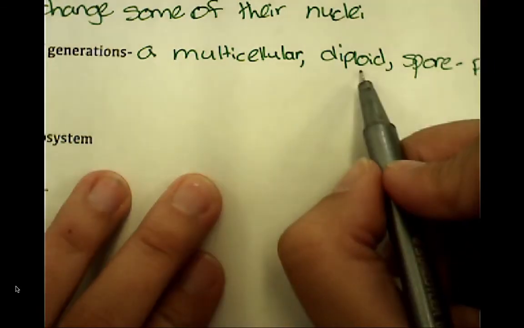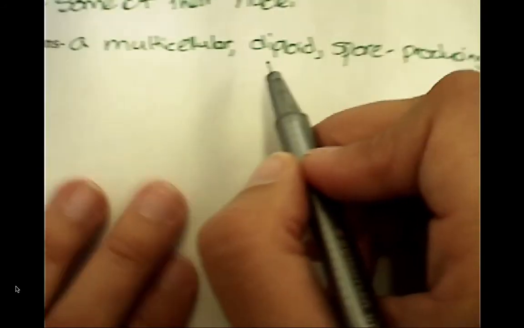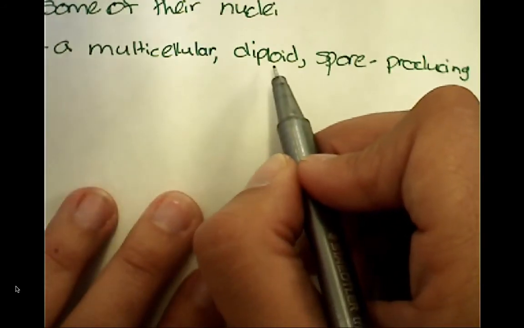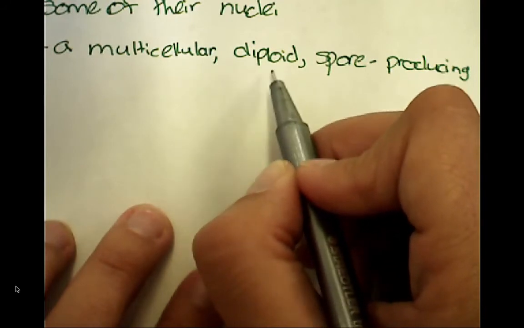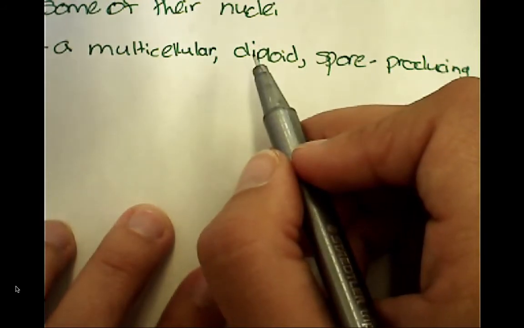Let me just go back to this diploid thing real quick. You are 2N. You have two times as many chromosomes. You got one set from mom and one set from dad. So you are a diploid organism.